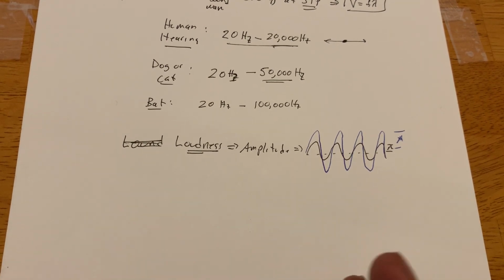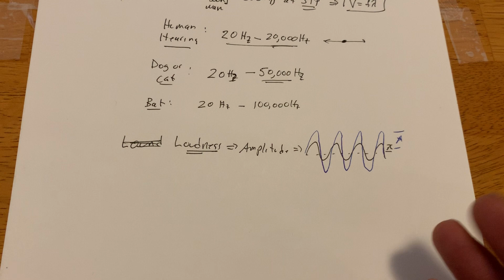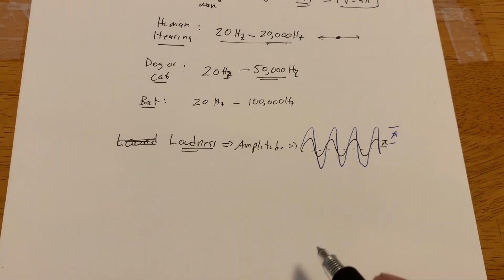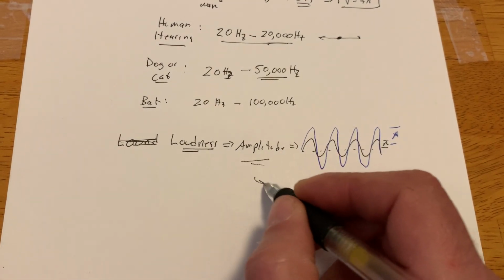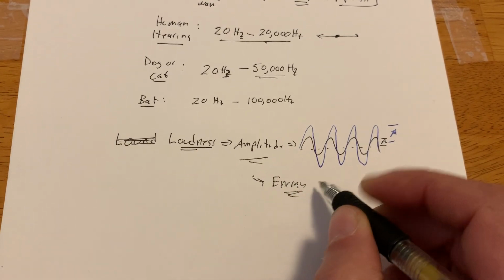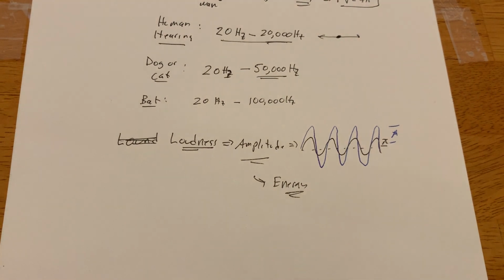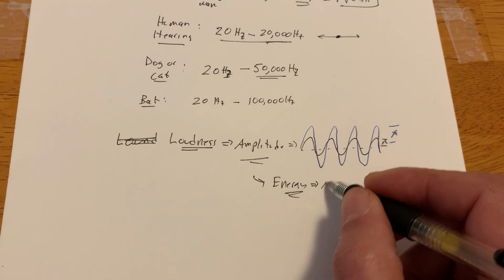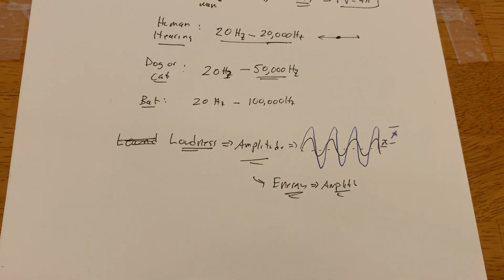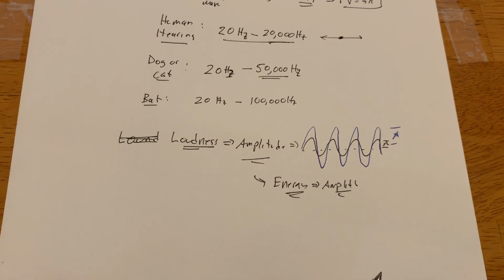So the amplitude of these waves are different, which means if these were sound waves, which they're not, these would represent the difference in loudness. Which in this particular case is my energy. Just to let you know, the energy of these waves is directly related also to amplitude. So these are the mechanical waves that we've been talking about.